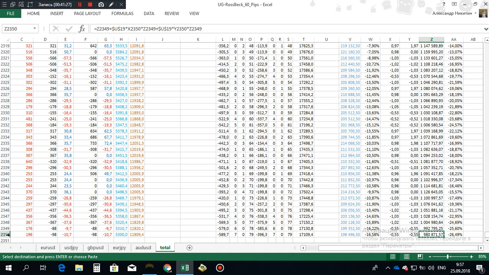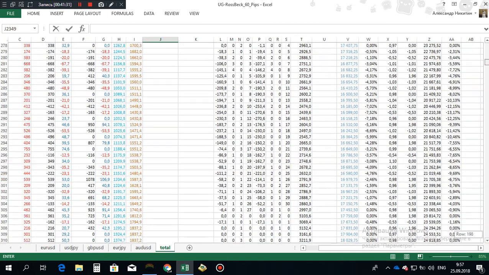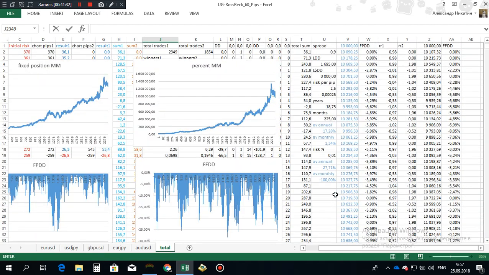It should be 2350. Okay. I just need the number of the cell, 2350. And here we should type it similar, 2350. It should be Z. Z should be Z1, and here it should be months. Okay.